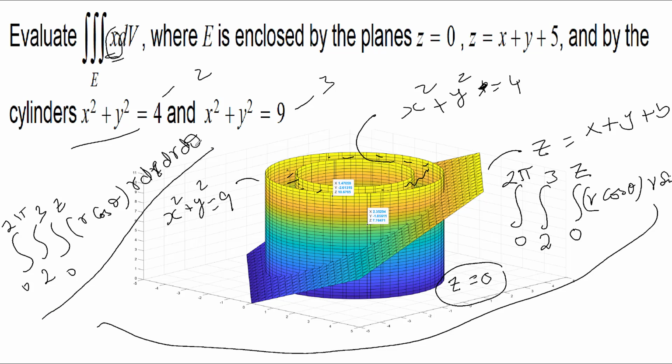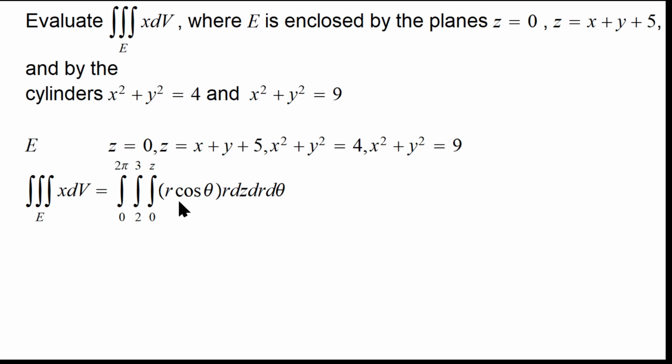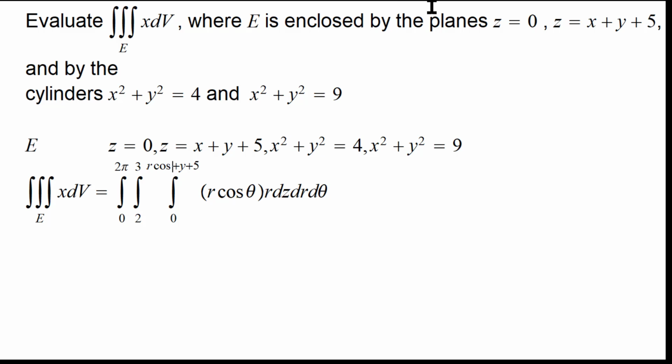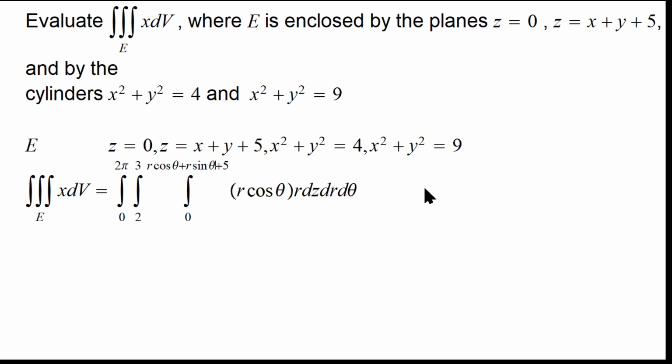All right. And now we just have to evaluate this integral. So we are calculating this integral, and z is x plus y plus 5, right? And so we will write x plus y plus 5, or in other words, we may just put in here r cosine theta, then r sine theta plus 5.